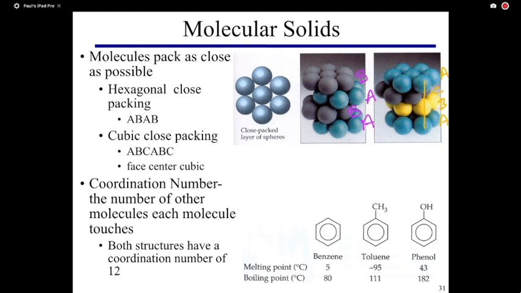Okay. And so, if by chance you had a solid of benzene, toluene, and phenol, these three molecules, what in the world are we seeing? Which one has the weakest interaction between itself? The weakest IMF, intermolecular force. And how would you know?